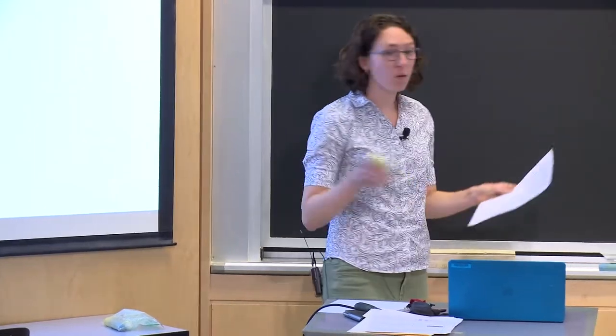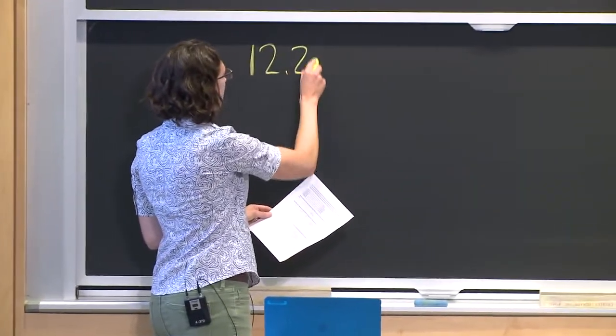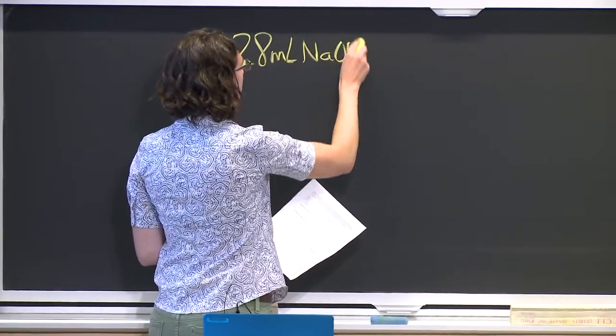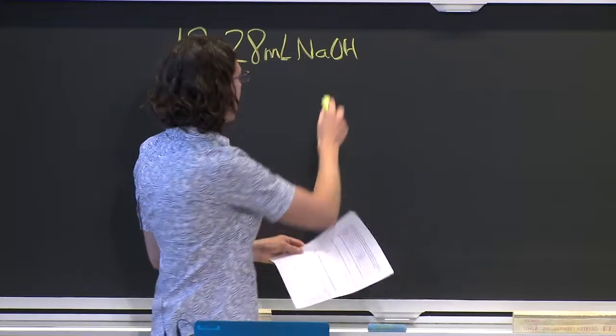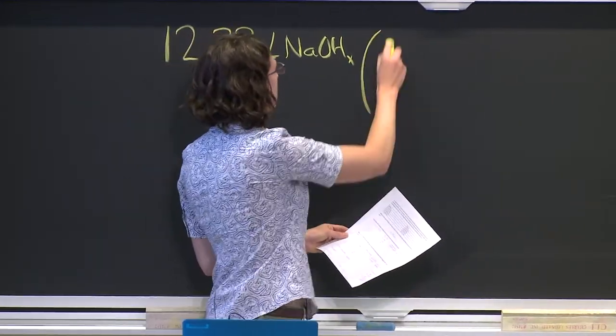So we can figure out how many moles of sodium hydroxide we have by taking our volume, and then we have our concentration, which is in moles per liter, so we need to turn this into liters.